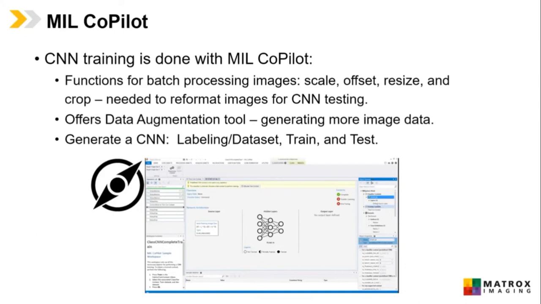Some of these variations could be lighting variations, right? Maybe adding some lighting unevenness, maybe moving or translating or rotating the image by a few degrees, again, adding a little bit more of that potential variation on the field. So that's something that you can leverage from Copilot to enhance your data set.